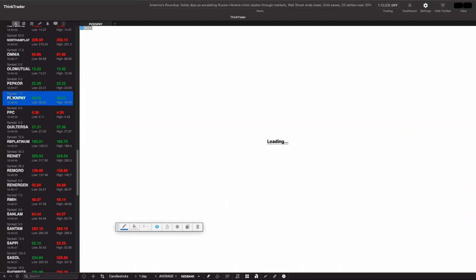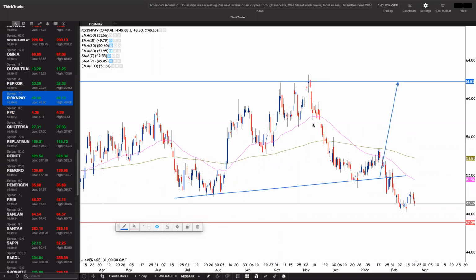So here's another thing. You open the Pick and Pay chart, and you see that it has been falling. So what you want to do as well is look at peers. What are the peers doing? So you go to Spar, you look at Woolies, you look at ShopRite, which we'll get to in a moment.